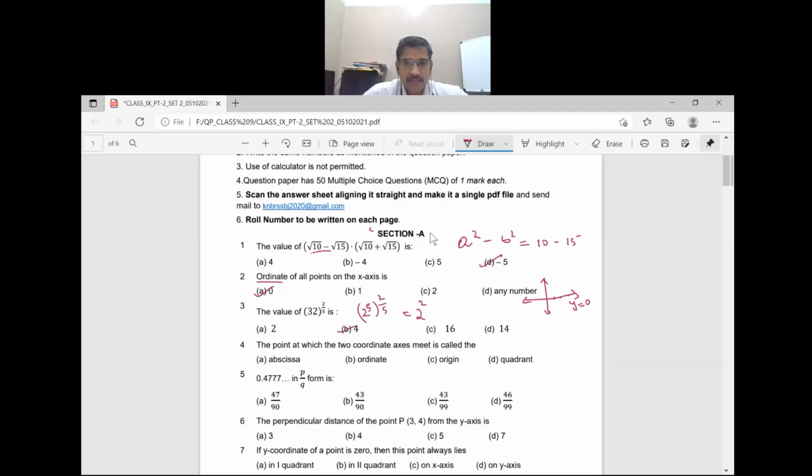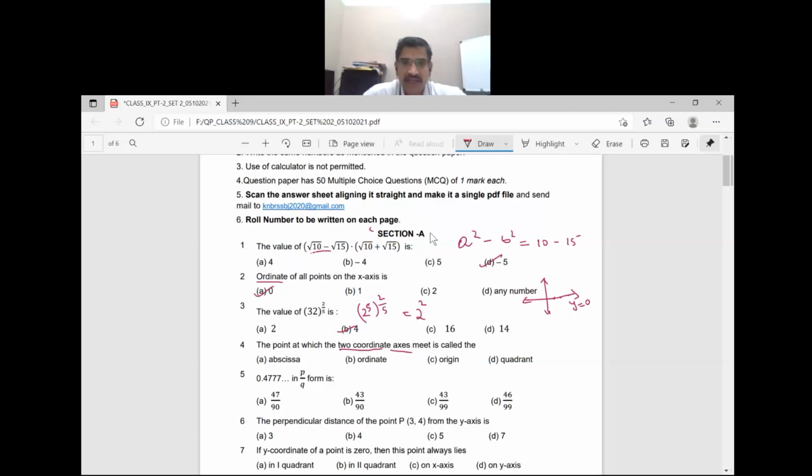Then the point at which the two coordinate axes meet: x coordinate, y coordinate, x axis, y axis. They are called plurally axes, the coordinate axes.